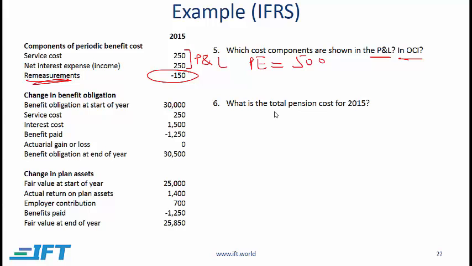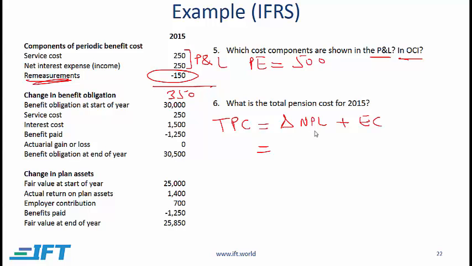What is the total pension cost for 2015? So one way of coming up with this total cost is simply adding up the numbers, and that gives us 350. But I also want to show you the other method. As discussed earlier, the total pension cost for a period is equal to the change in net pension liability plus the employer contribution.